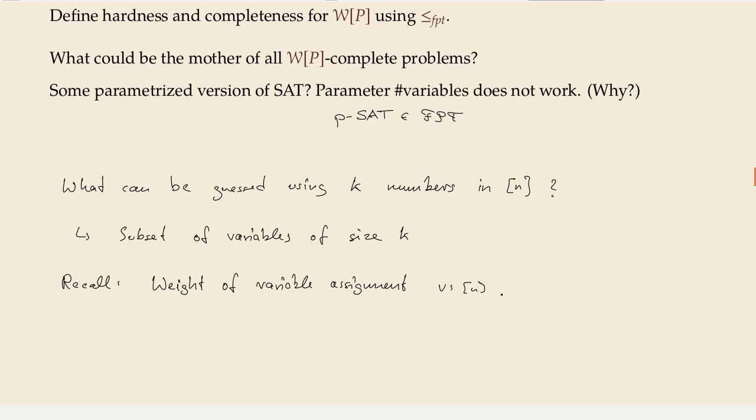If you have an assignment from the variables, given by their index, to 0, 1, then this is the number of ones that you assign. It was one of the parameters that you maybe found strange at first sight, and now it will reoccur in this lecture a few times.